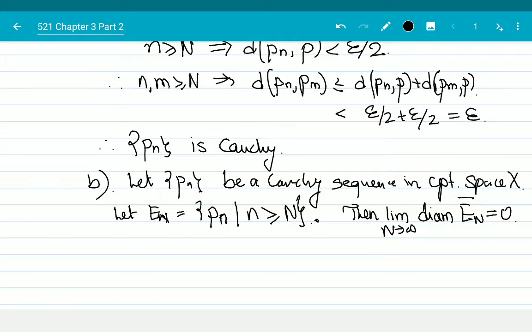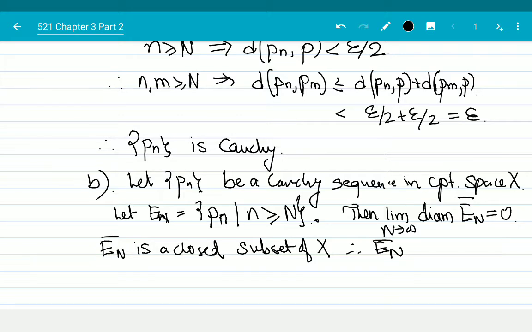Okay. Now, En bar is a closed subset of X and therefore compact. Therefore, En bar is compact for every n.